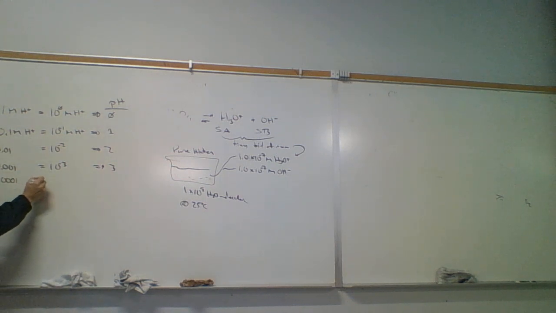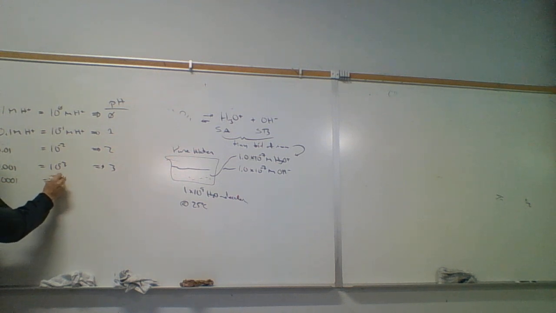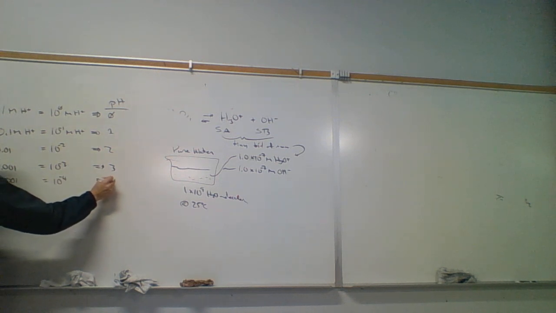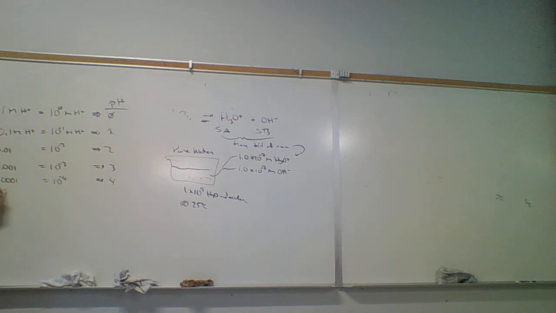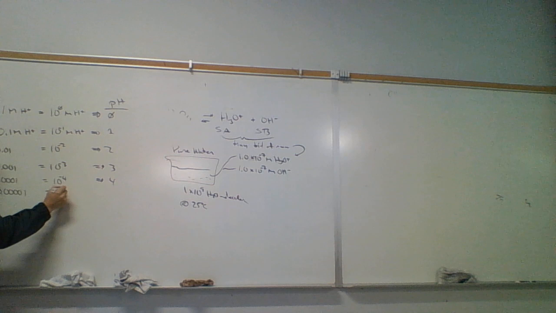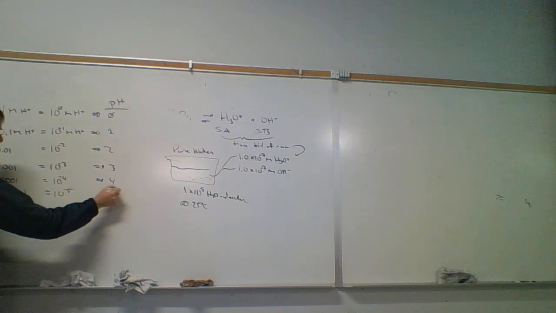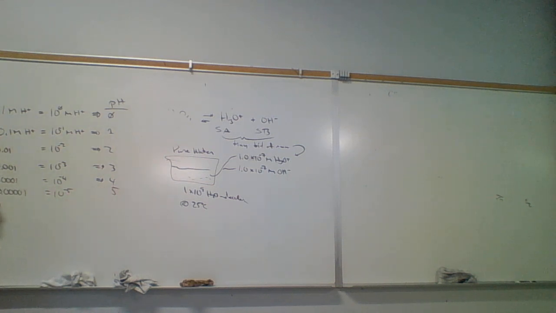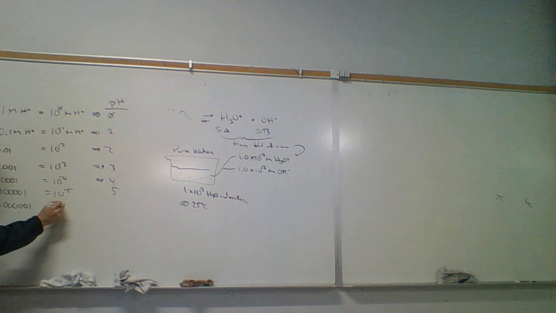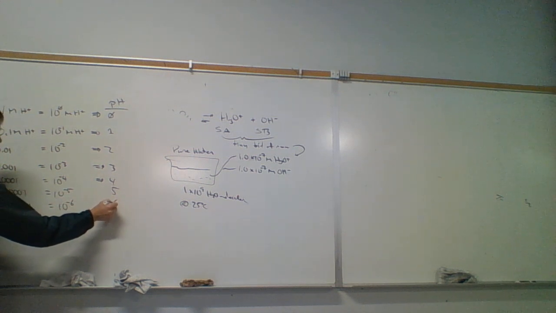0.0001 is 10 to the minus 4, pH is 4. 0.00001 is 10 to the minus 5, pH is 5. 10 to the minus 6, pH is 6.